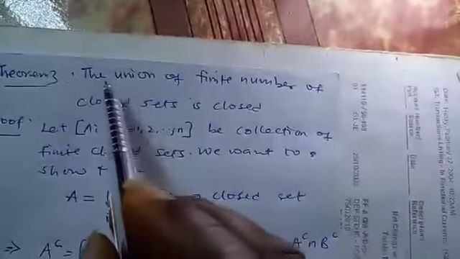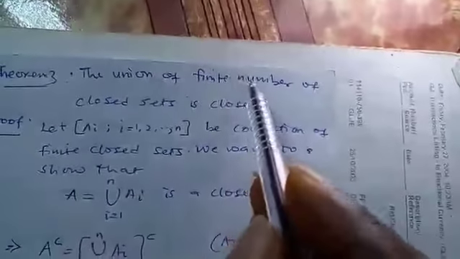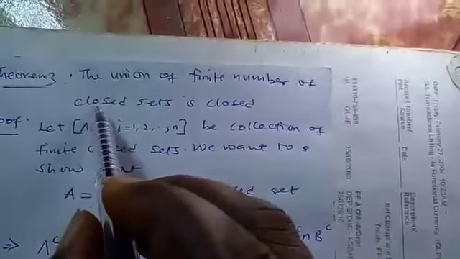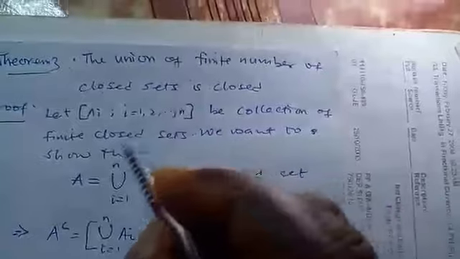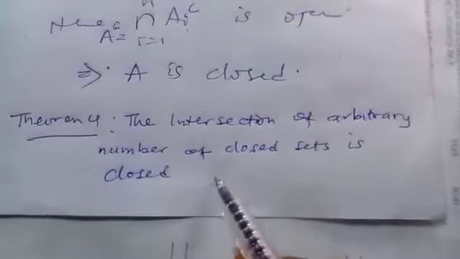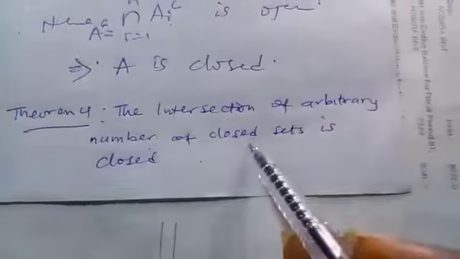So we can have another one. We can say that the intersection of an arbitrary number of closed sets is closed. So let's consider the theorem: the intersection of an arbitrary number of closed sets is closed.